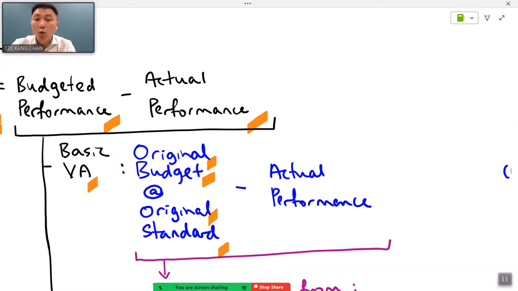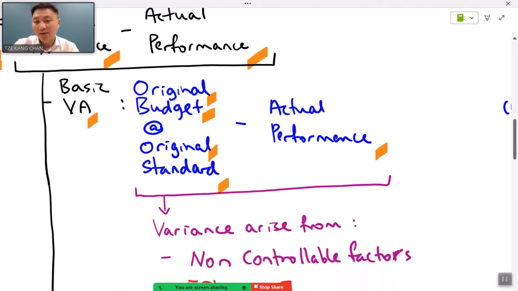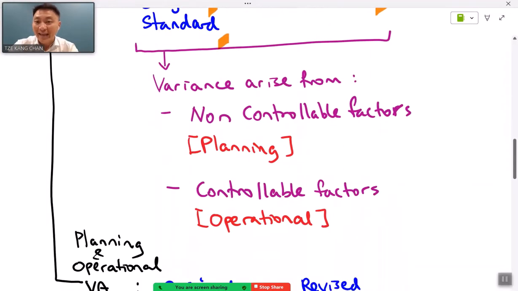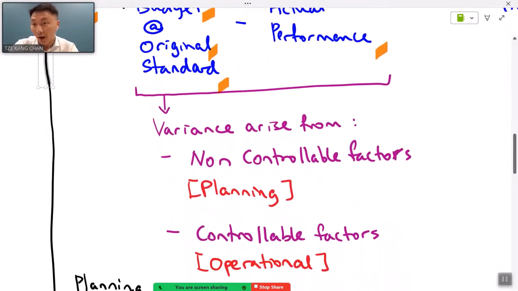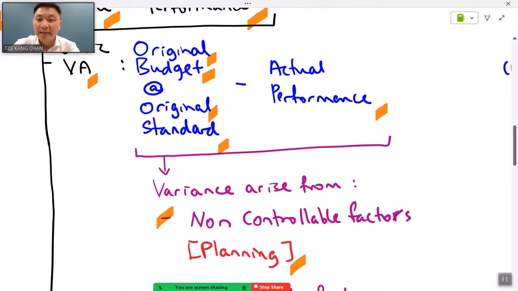Such budgets were then compared to the actual results achieved in the period. These variances were therefore said to arise from two main categories of factors, namely, factors beyond the control of the management. These are variances mainly arising from planning matters.